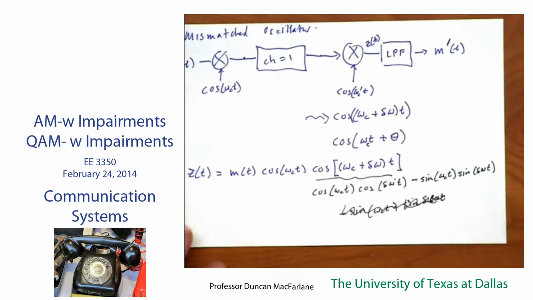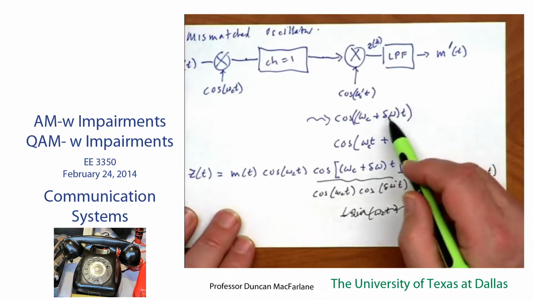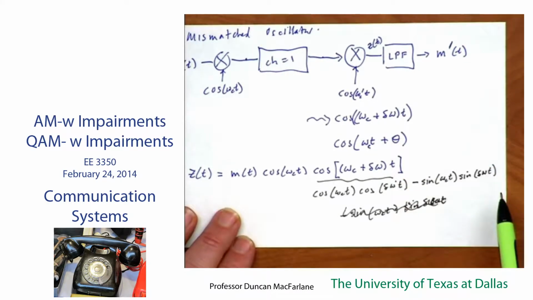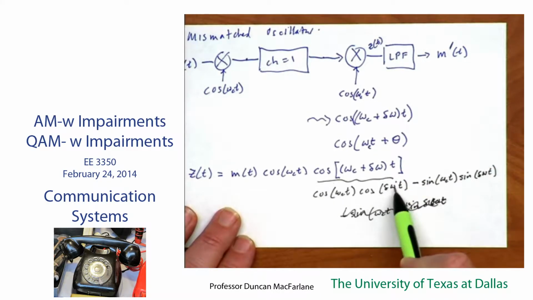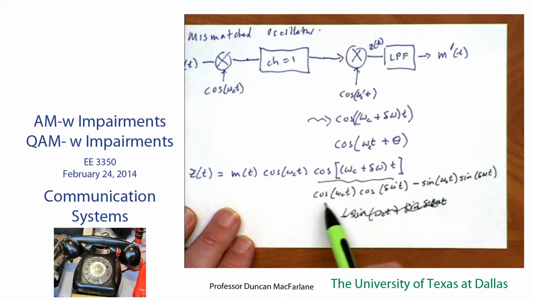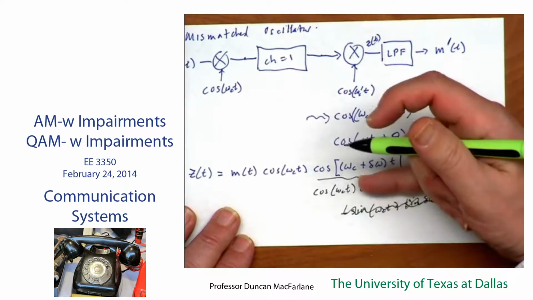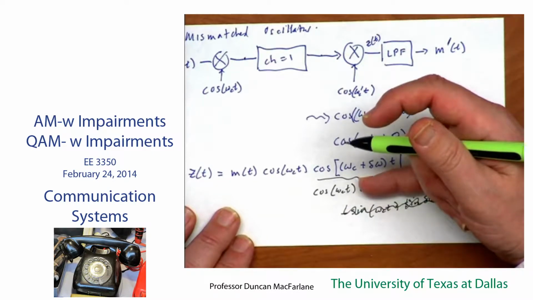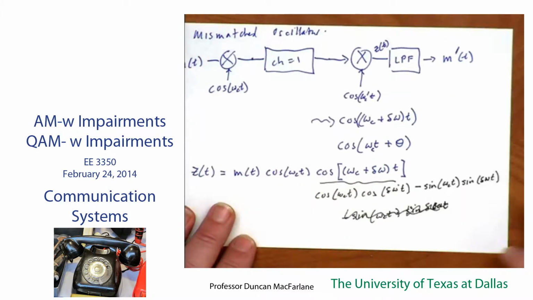Do you agree with me on the trig identity? Yes. Okay. Quick test. If del omega equals 0, then cosine of 0 is equal to 1. Sine of this guy here is equal to 0, which means this guy goes to 0. And I'm left back with the cosine of omega ct as if nothing else happened. So if del omega was 0 and I have perfectly matched oscillators, then I've returned back to my perfect case.